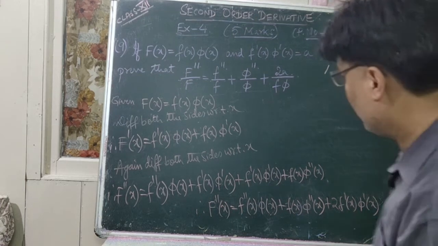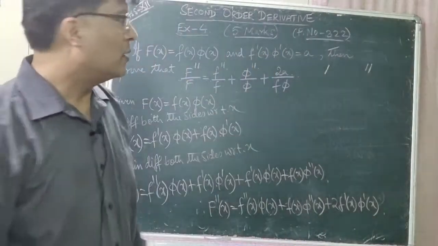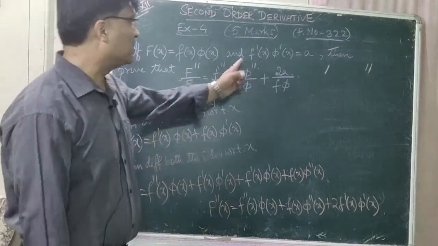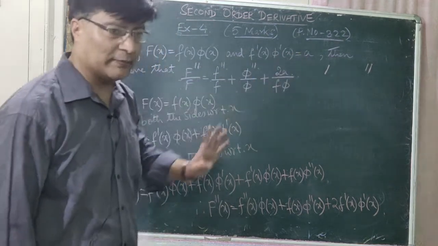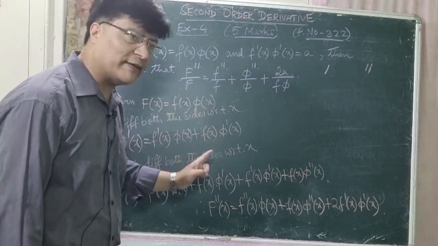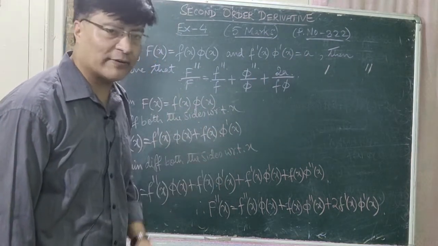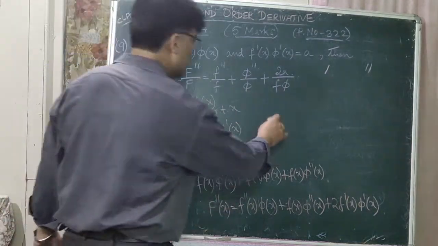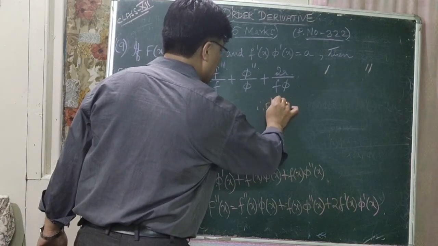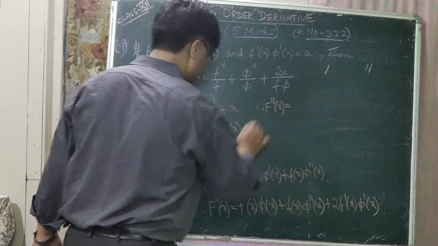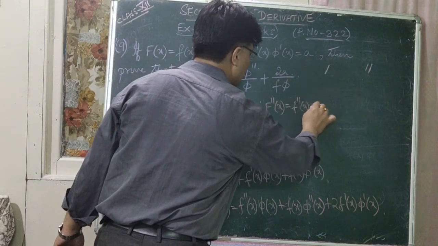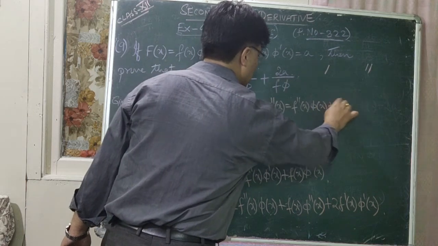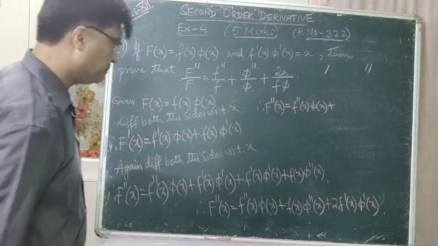So now in the next step, in the question it is given that f dash of x into phi dash of x is equal to a. So wherever there is f dash of x into phi dash of x, you can write a. So this expression now becomes, therefore capital F double dash of x is equal to small f double dash of x into phi of x, plus what is the second term?